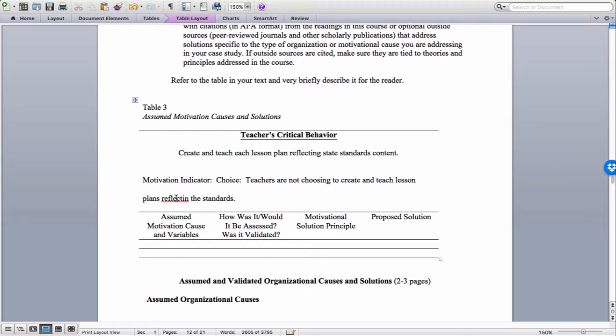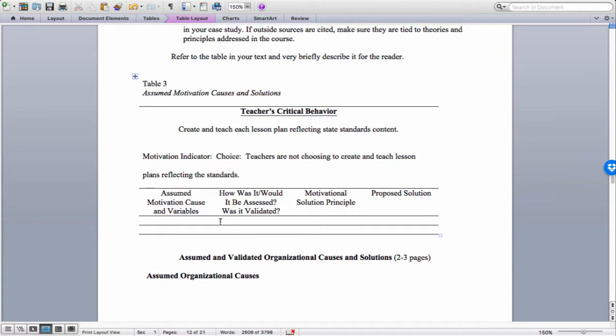Be great if I could spell it. Okay. All right. So now you want to go back and think about what are the primary motivation constructs that underlie choice. So you want to decide which it is for your particular critical behavior.